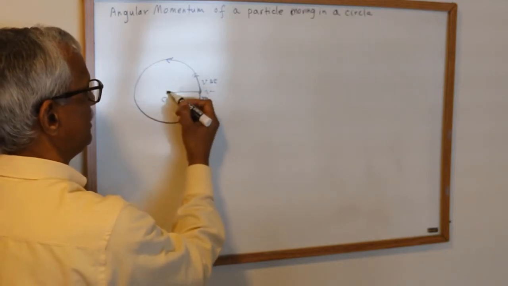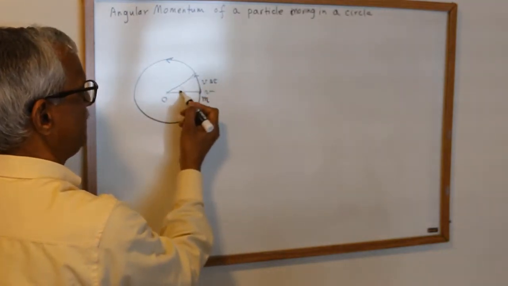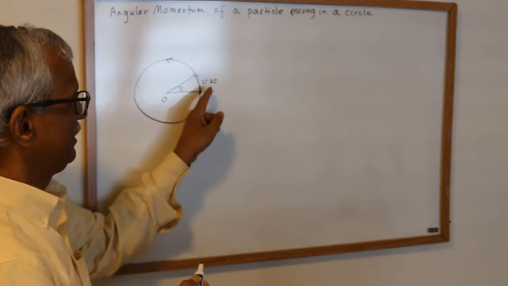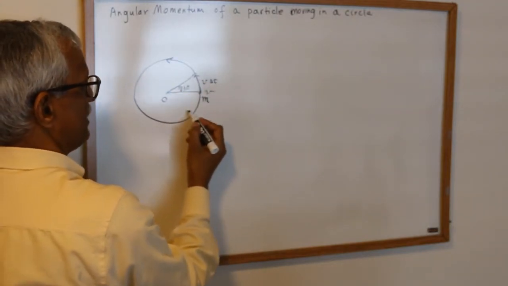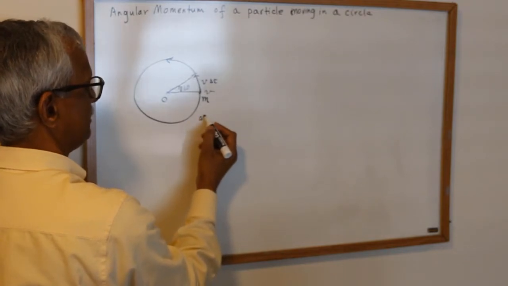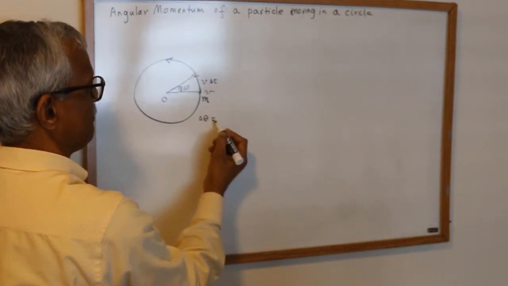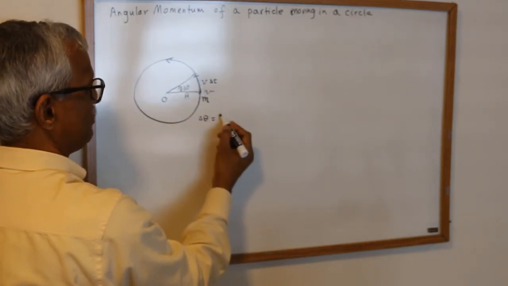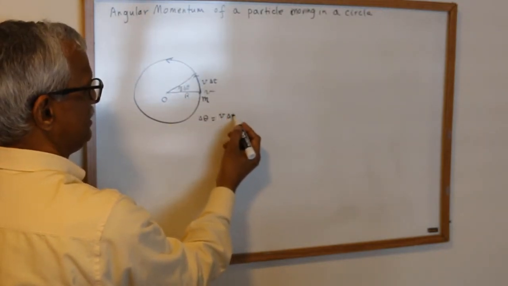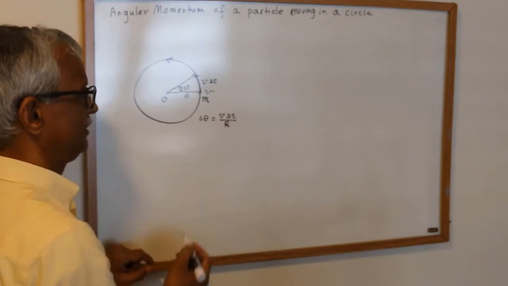And the angle it will cover is delta theta. Delta theta will be how much distance it covers divided by r, right? v delta t divided by r.